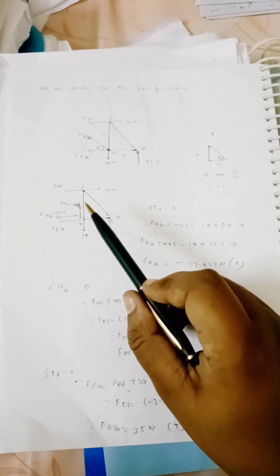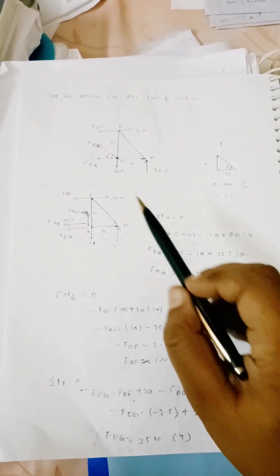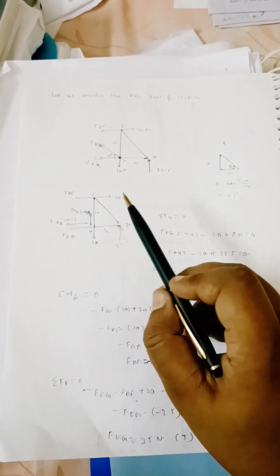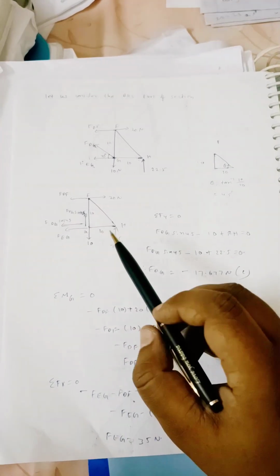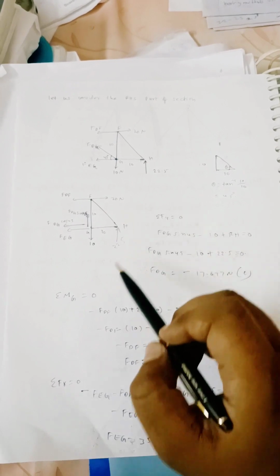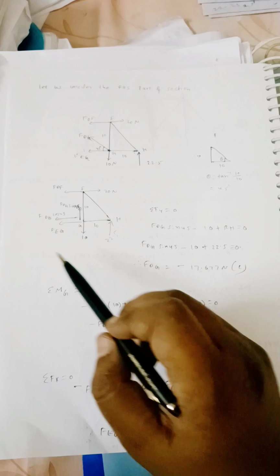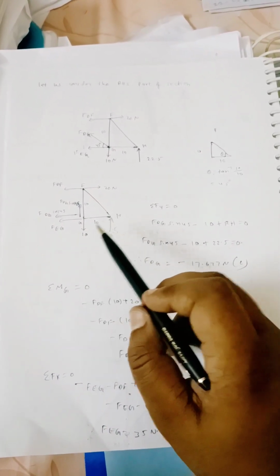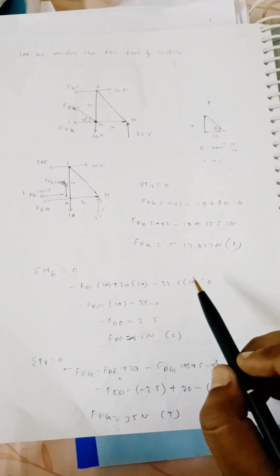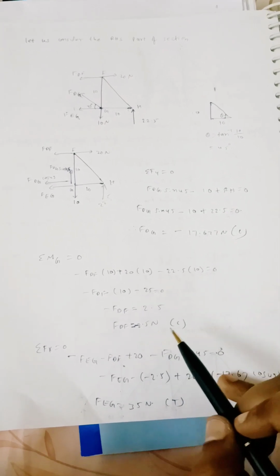FDF into 10, that means this force into perpendicular distance, as it is anti-clockwise, minus FDF into 10, plus 20 into 10, this height is 10, as this is clockwise so plus, and this force we have, 22.5, anti-clockwise so minus 22.5 into, what is the distance, 10. So from here you will get FDF as minus 2.5 newton, minus therefore compression.